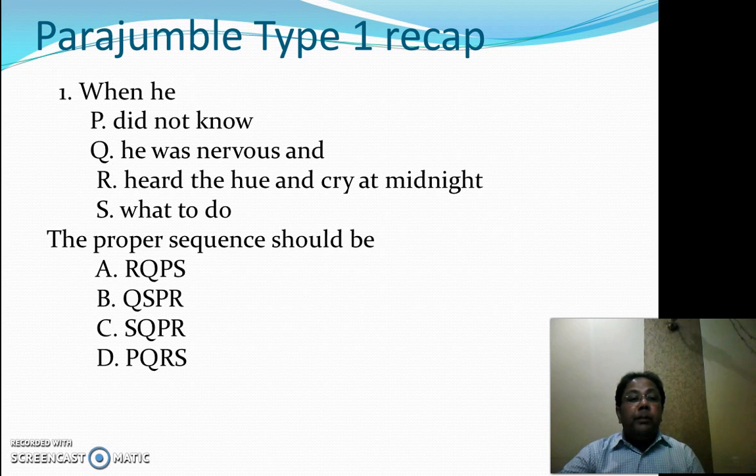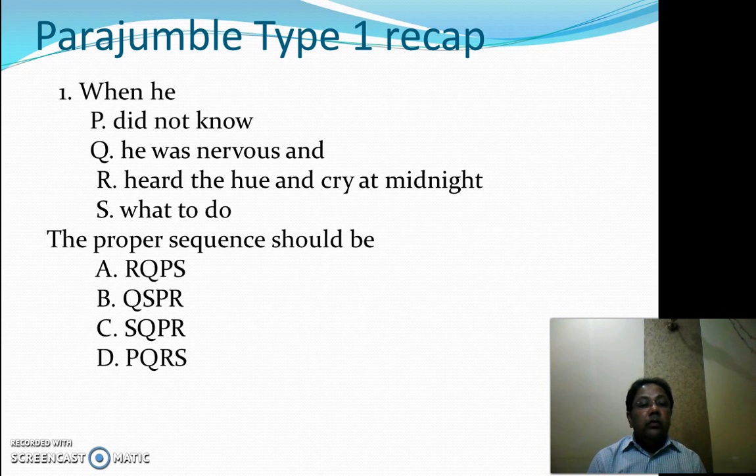So we are left with P and R. Now quickly we will just look at the options. P and R is actually there in options A and D, isn't it?